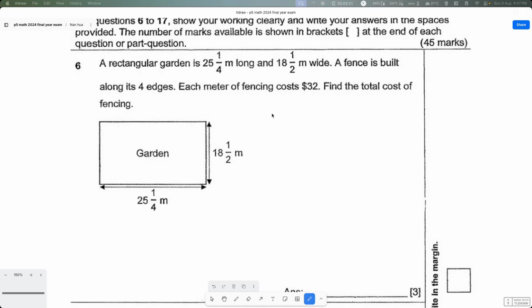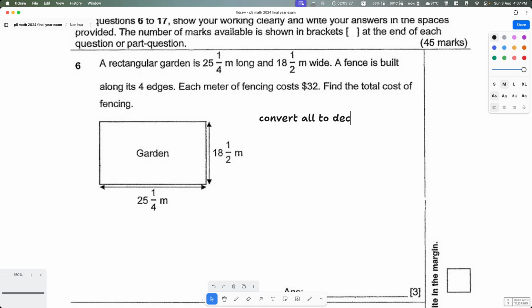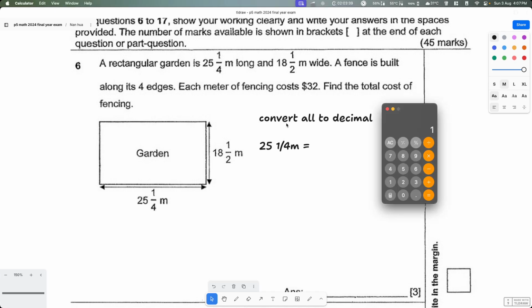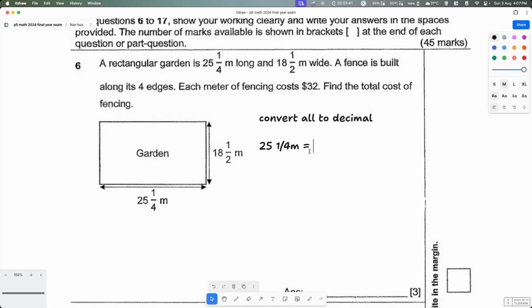For me, I would just convert everything to decimal. So 25 1/4 meters, if you just use the calculator, 1 divided by 4 is 0.25, so 25.25 meters.